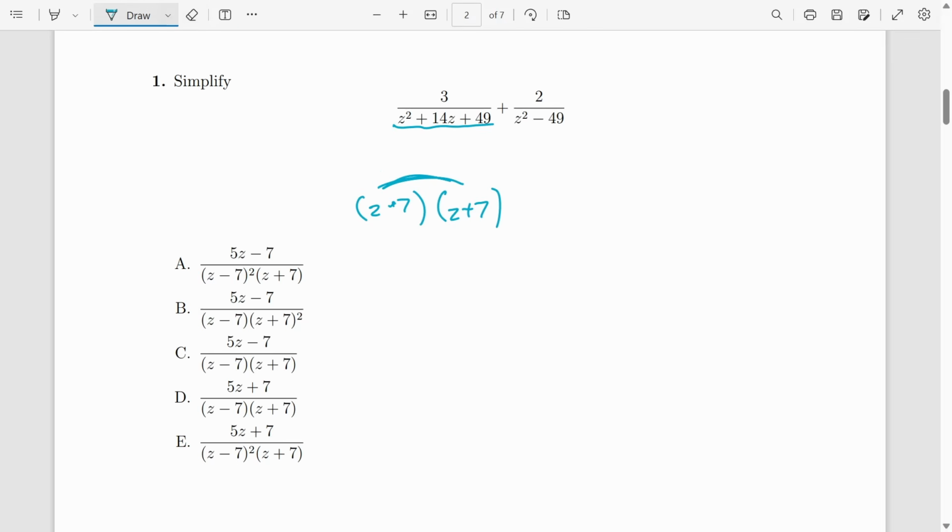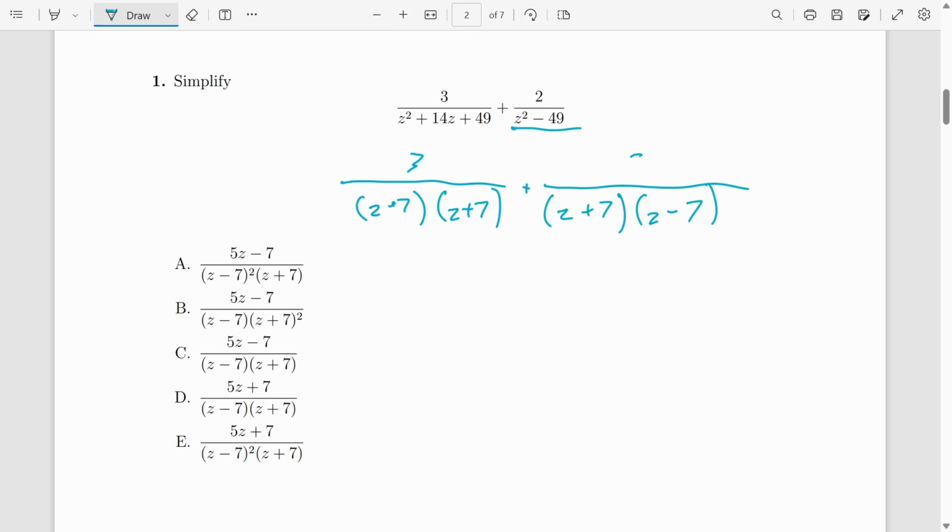So they are the same thing. And this is all over 3. Then on the right, this is a difference of squares because it's two perfect squares that are being subtracted. So to factor this, it's the first term's square root plus the second term's square root, and then the first term's square root minus the second term's square root.